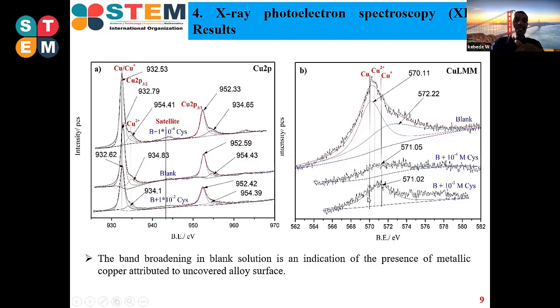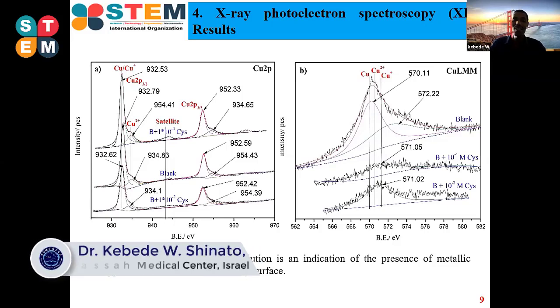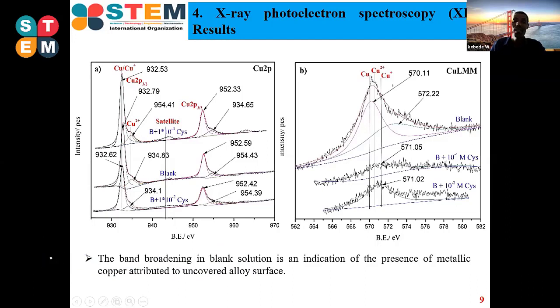This means the surface is covered by the film. We can't see the uncovered surface here, and we can see ionic copper. This means the copper can make a complex with cysteine molecules to form a copper cysteine thin film. So it can protect the surface.